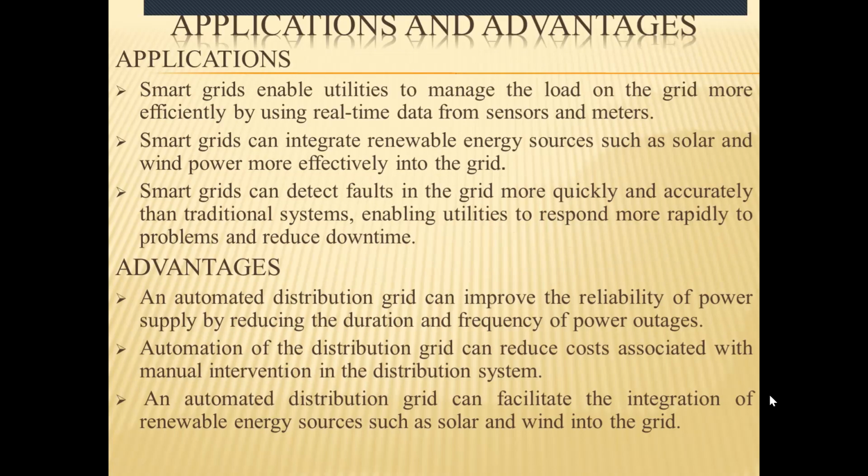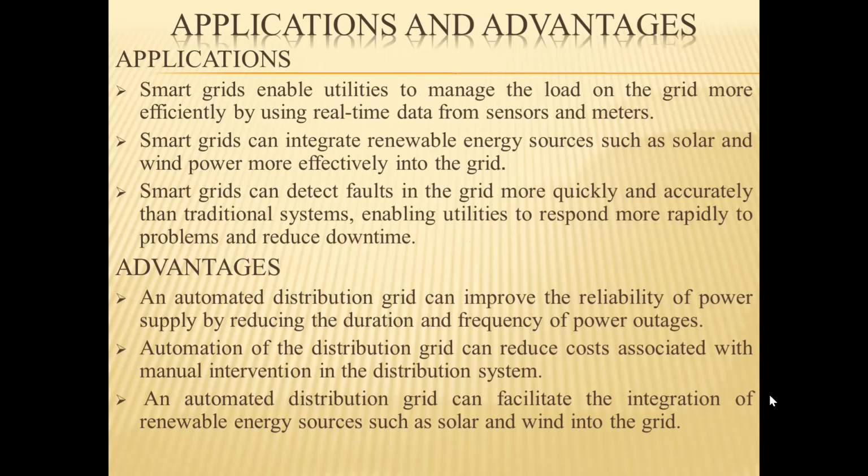These are the applications and advantages. Applications: smart grid enables utilities to manage the load on the grid more efficiently by using real-time data from sensors and meters. It also integrates renewable energy sources such as solar and wind power more effectively into the grid.